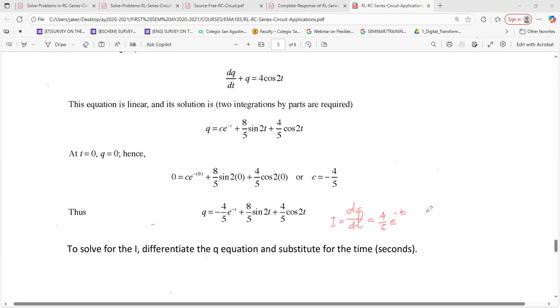That one will be a cosine and a 2. So that would be 16 over 5 cosine of 2t. The derivative of that is negative sine. So negative 8 over 5 sine of 2t. This is actually the answer that the problem is asking.